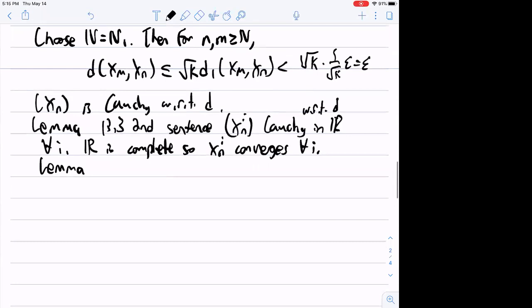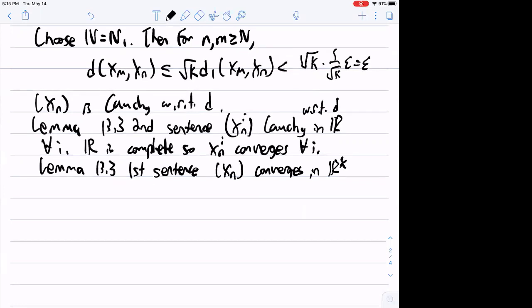Lemma 13.3, first sentence, says each coordinate converges in R if and only if the whole thing converges, right? So x_n converges in R^k.